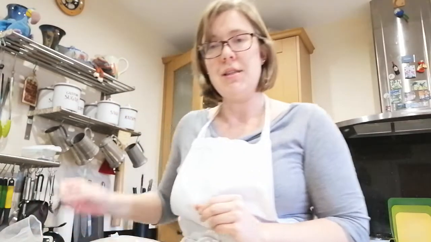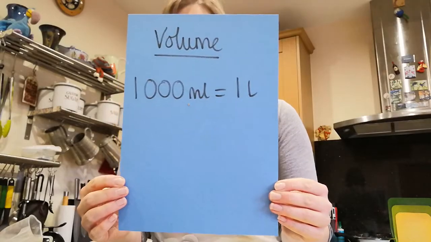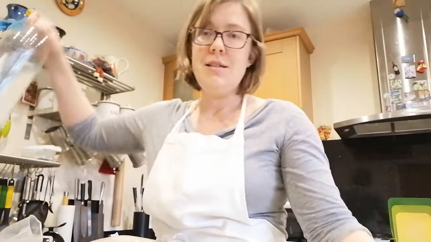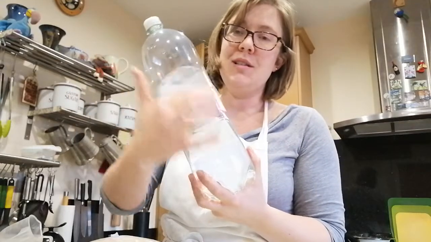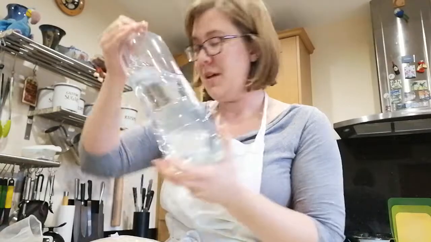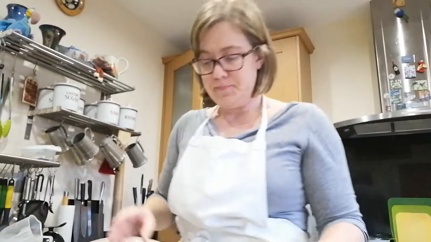Similar to weight and grams, 1,000 millilitres is the same as 1 litre. So this is 2 litres, which is the same as 2,000 millilitres. So the volume of large amounts of liquid is measured in millilitres and litres.